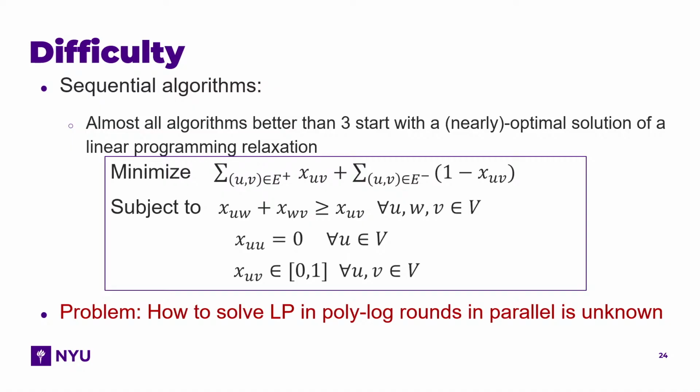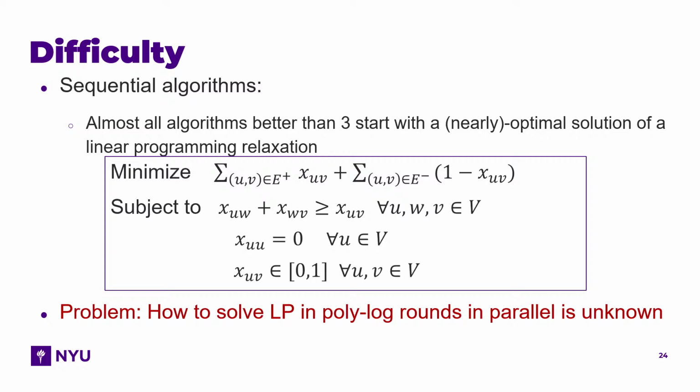So what's the difficulty of the sequential algorithm here? Almost all algorithms better than 3 start with this linear programming or more complicated linear programming. But the problem is we don't know how to solve, in general, this linear programming in low depth. And the state-of-the-art algorithm, I think, takes order square root of n iterations to solve.